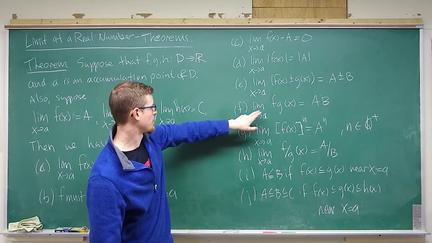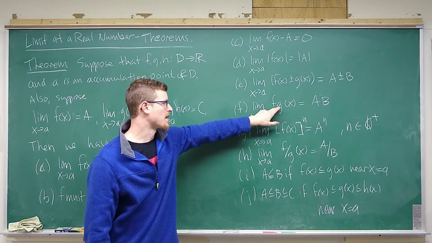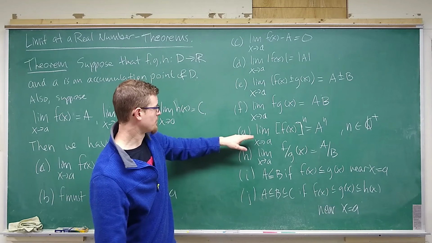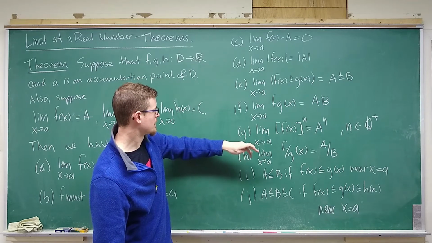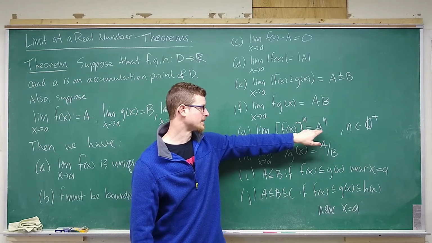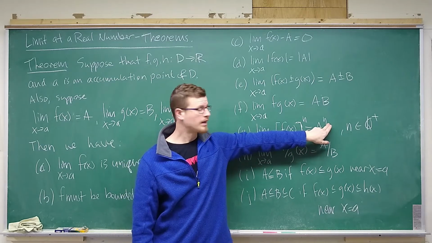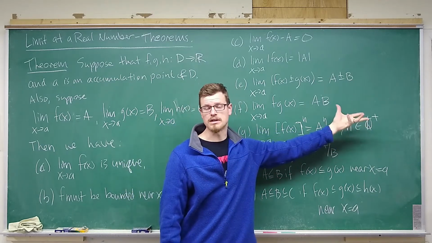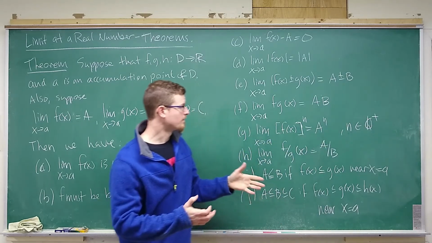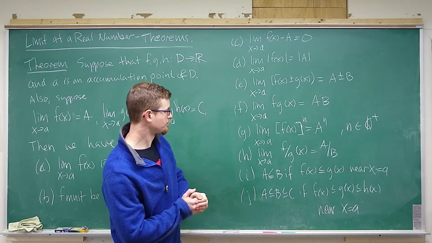And then for F, we have the limit of the product is the product of the limits. And we have that the limit of a function to a power is the limit to a power, where we can let that power be any integer or any rational number.